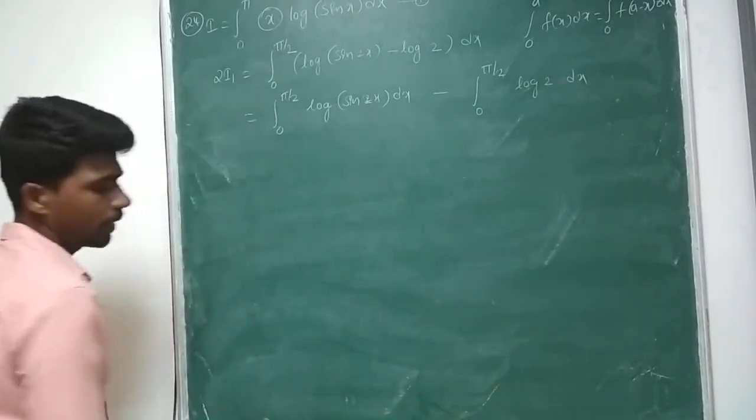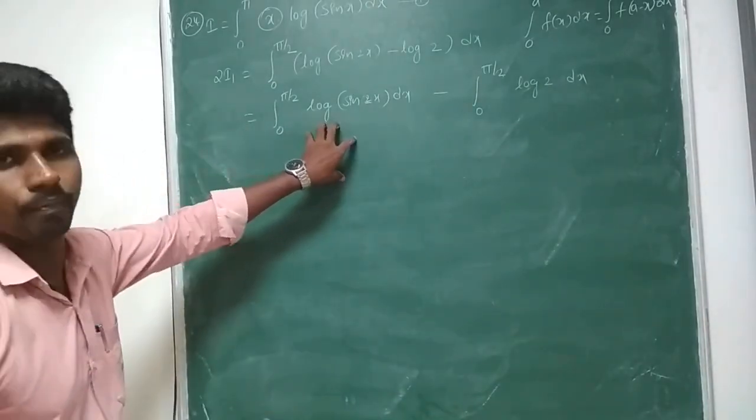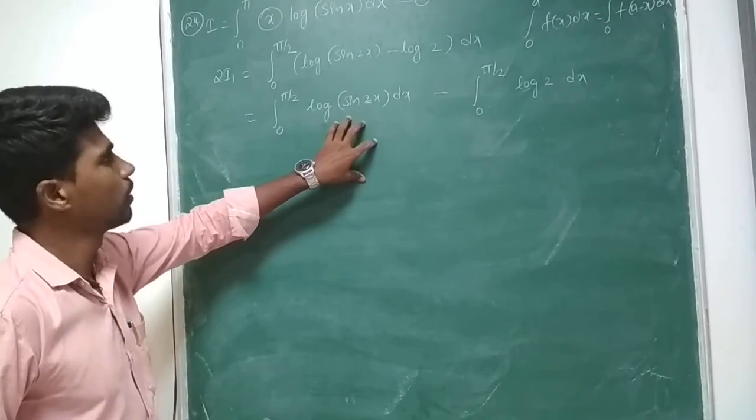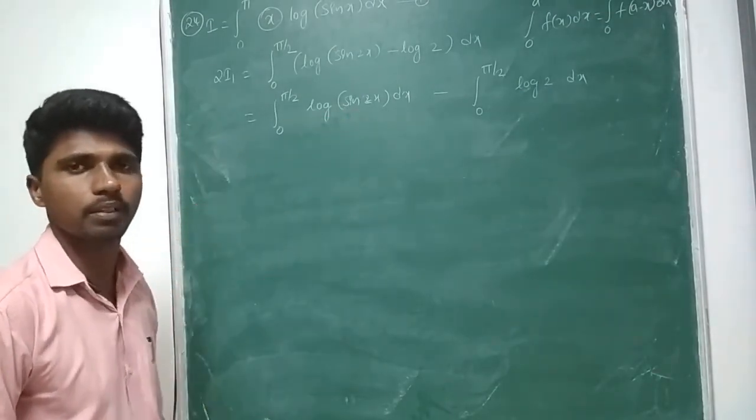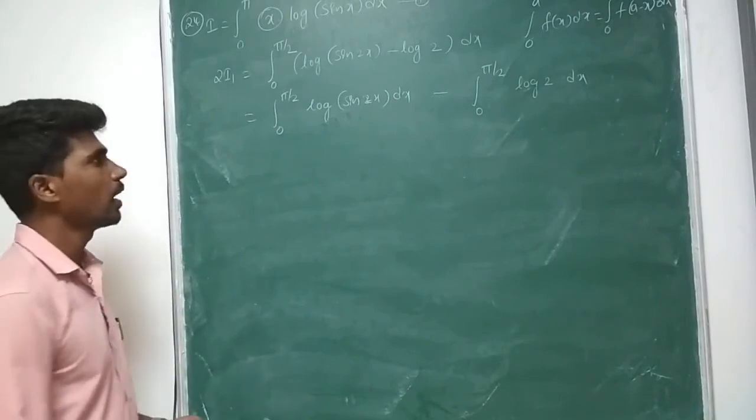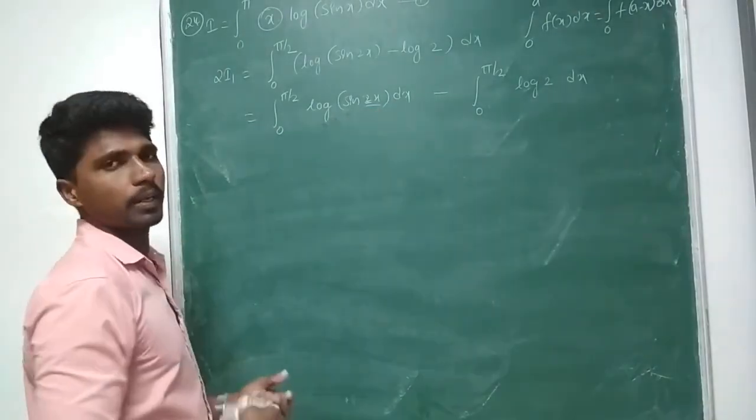So I would like to evaluate this first part. To evaluate this, instead of going for the multiplication method, the integral of uv method, I can substitute 2x as some other variable.